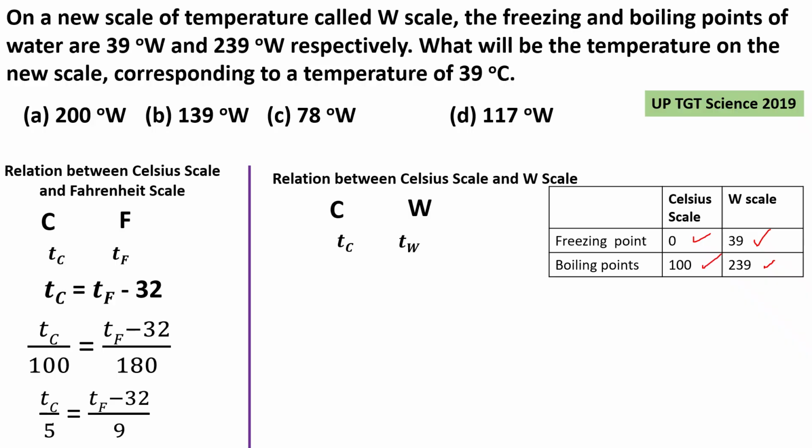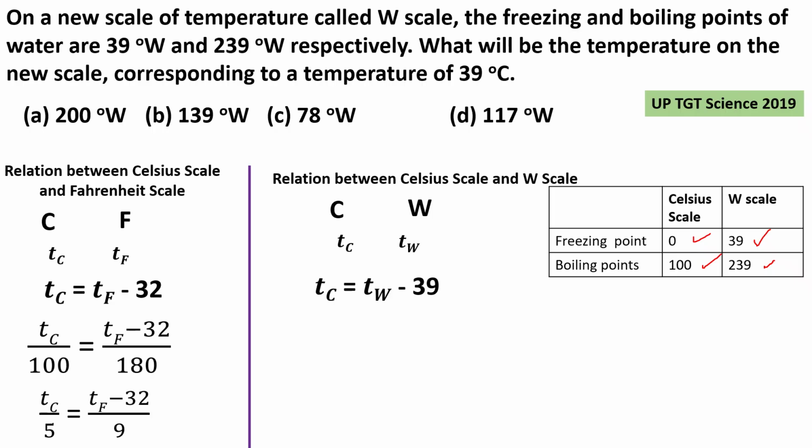Let's consider capital C is the Celsius scale and capital W is the W scale. Similarly, Tc is the temperature on the Celsius scale and Tw is the temperature on the W scale.